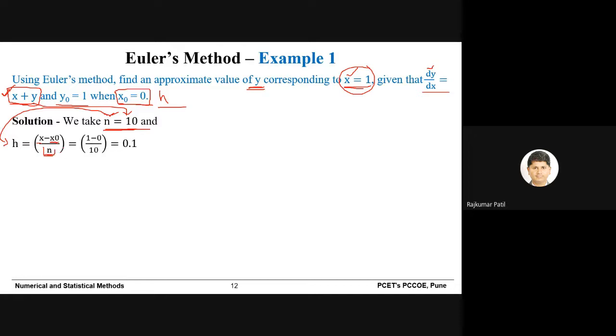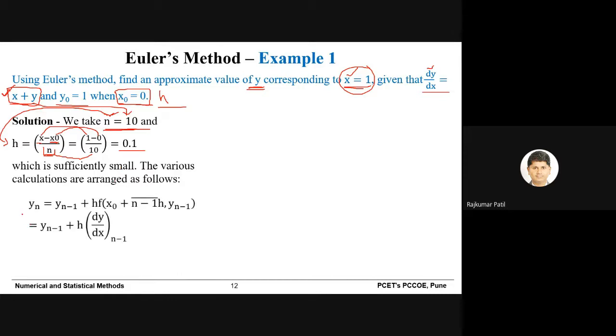In this case n is 10. So x is 1, x naught is 0, and n is 10. So you will get the value of h, that is the interval, as 0.1, which is sufficiently small for this particular example.